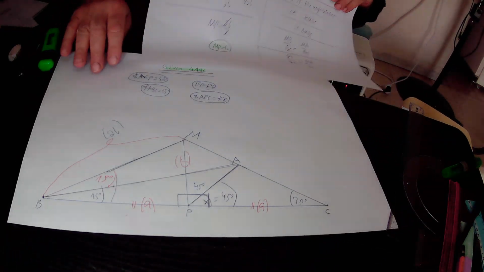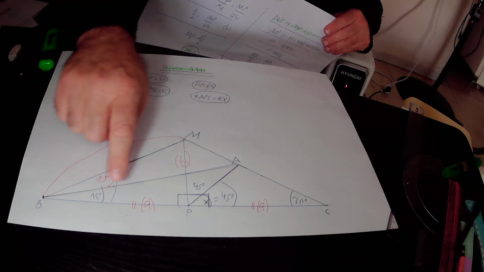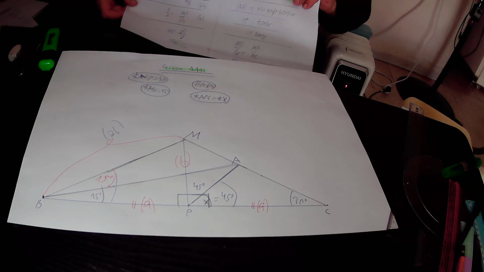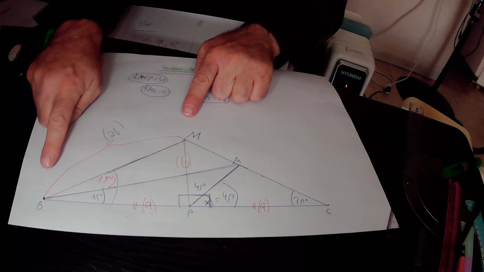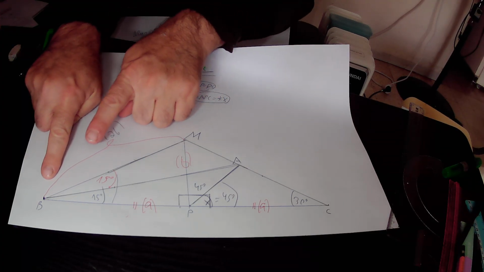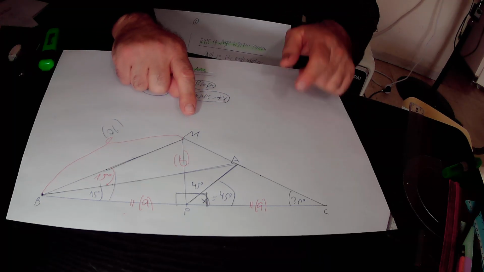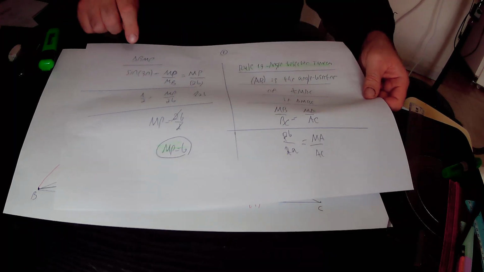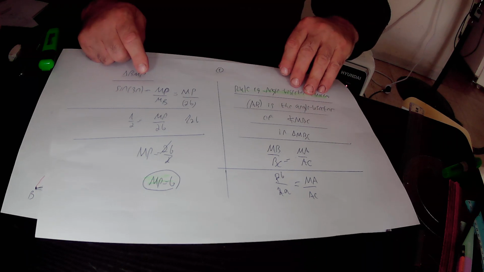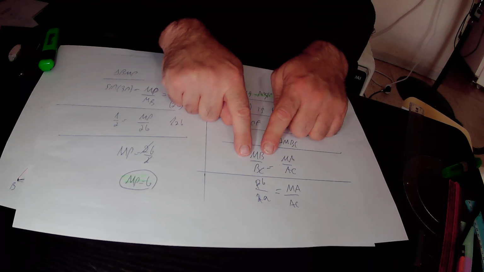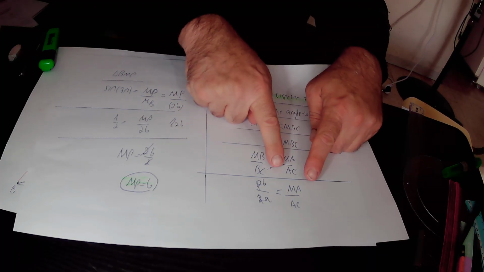MB over BC equals to MA over AC. MB is 2B, BC is A plus A, that is 2A, equals to MA over AC.